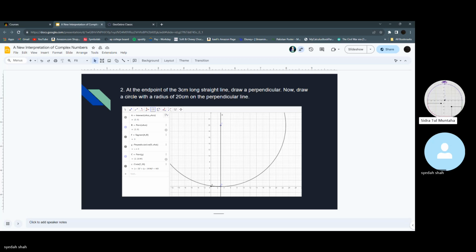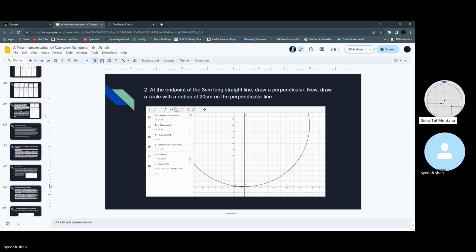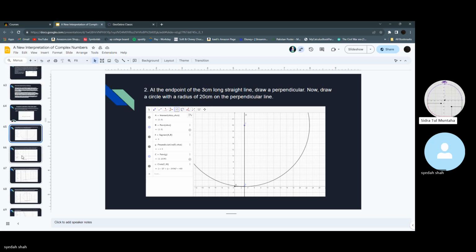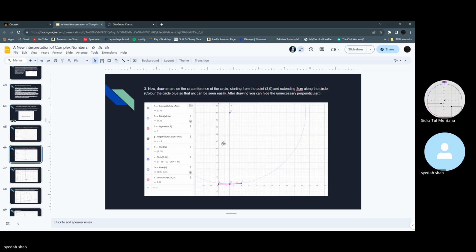Next you have to take, as you have taken the length of the line segment before, that was 3, now an arc on the circle, and that should be 3 as well, because this 3 is our constant, and the length will remain constant because we are keeping our arc length constant, that is 3.